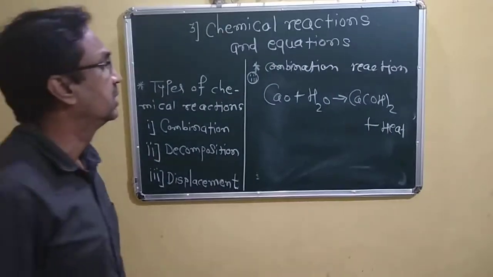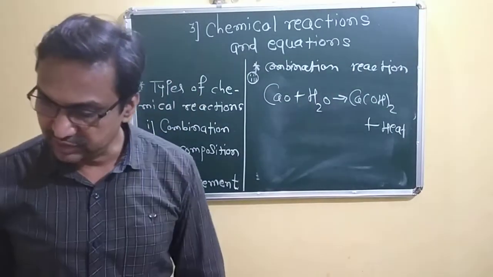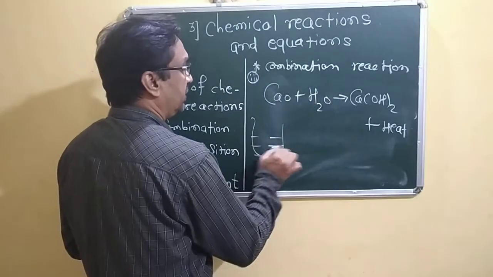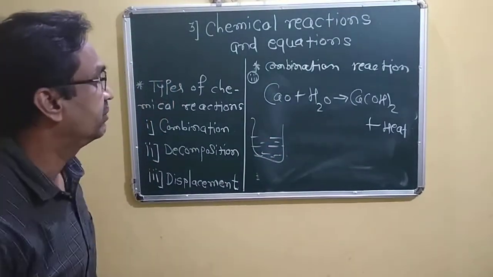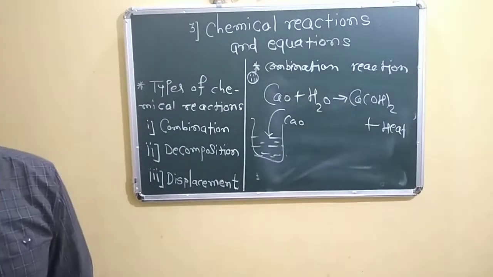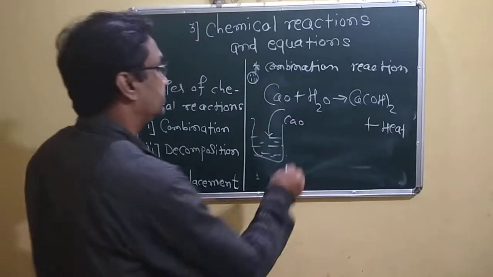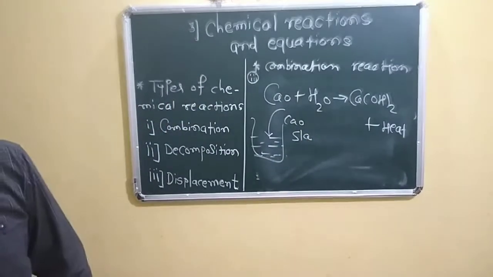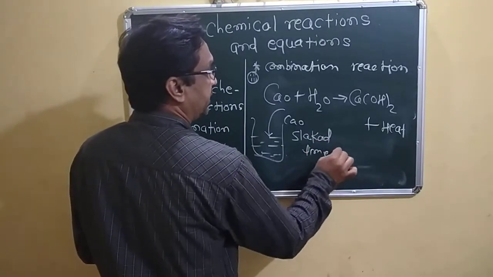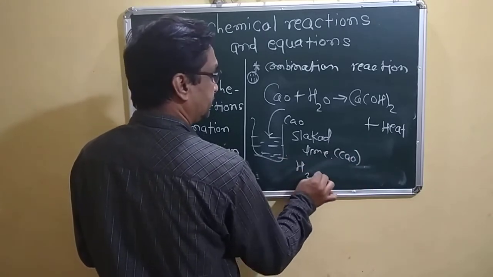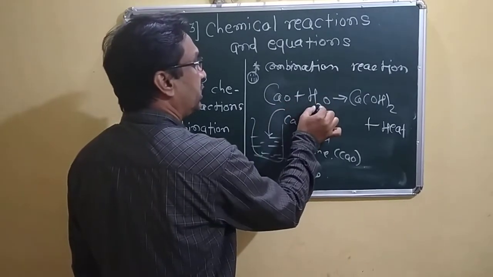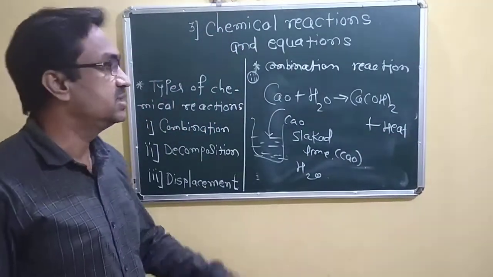They have given the procedure: take a beaker half filled with water and add calcium oxide, which is also called quick lime. It reacts with water, and we get CaO plus H2O giving Ca(OH)2 and heat. Heat is released in this reaction.